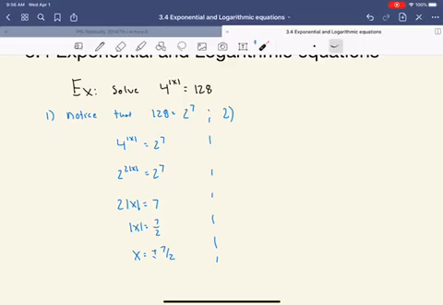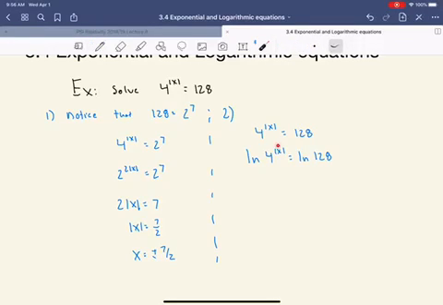If you didn't notice that, then you might just start with 4 to the absolute value of x equals 128, and you might decide to take the natural log of both sides. It's what we were doing last time in the 3.3 lectures. So natural log of 4 to the absolute value of x equals natural log of 128.